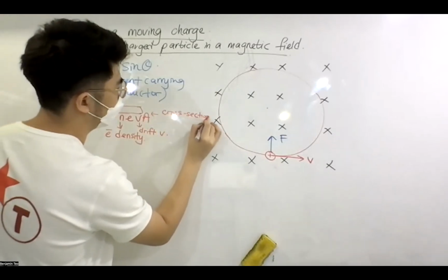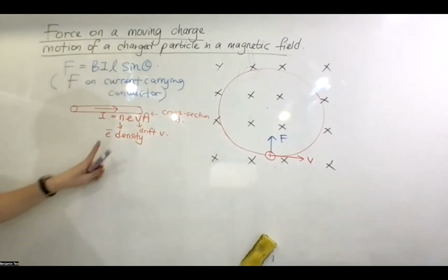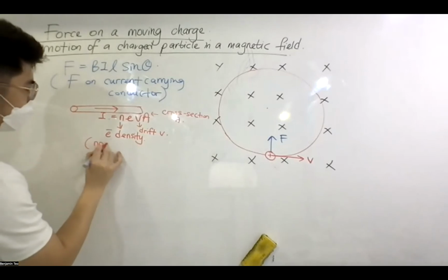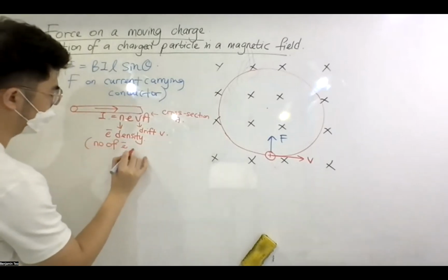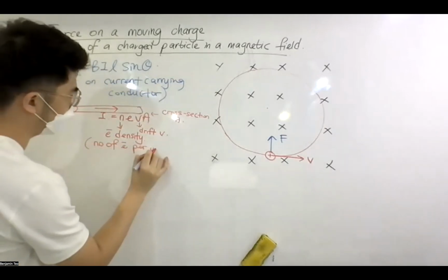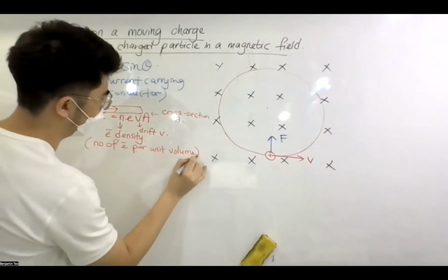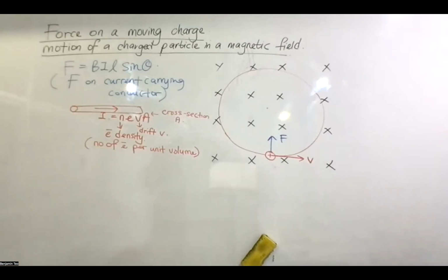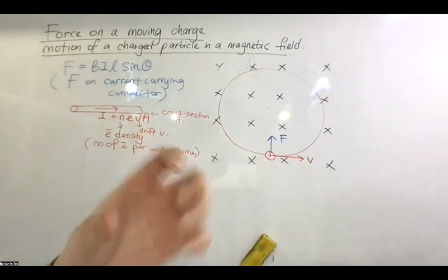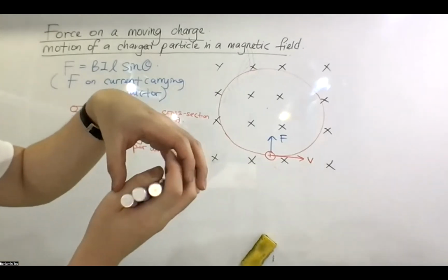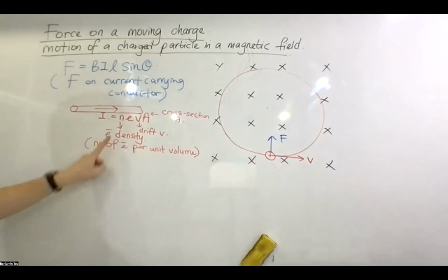What is electron density? This is the number of electrons per unit volume. If you take one cube, one unit volume, how many electrons are inside? This is the n.